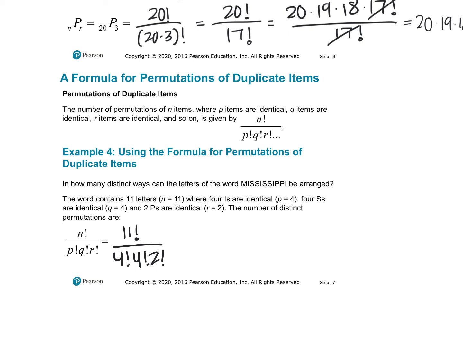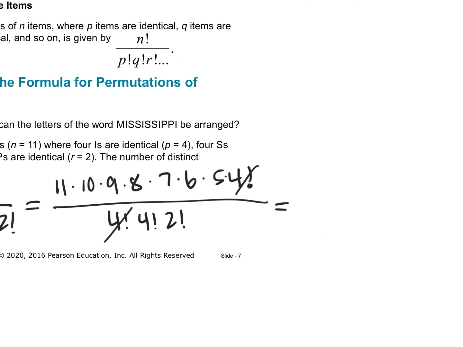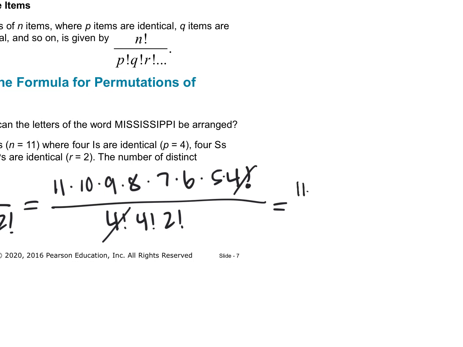So we want to get rid of one of our factorials in the bottom. We would have 11, 10, 9, 8, 7, 6, 5. That's where we stop because we have a 4 factorial in the bottom. So cancel those out. So you have 11 times 10 times 9 times 8 times 7 times 6 times 5.